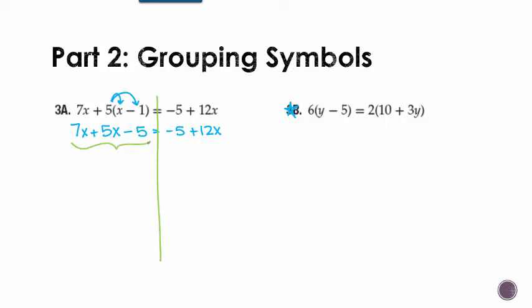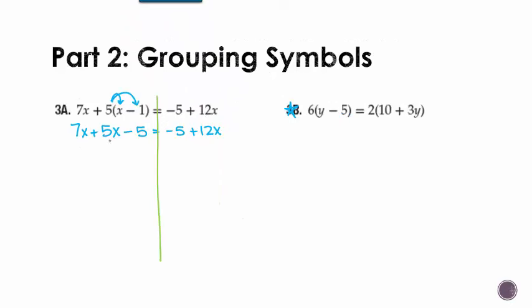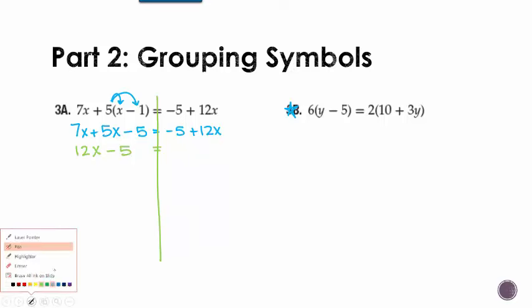So when I look at the left side over here, it's not as simple as possible. I have two things that are alike that I can combine. So the 7x and the 5x, I can add together and get 12x's minus 5. And on this side, everything is combined already, so I end up with negative 5 plus 12x.